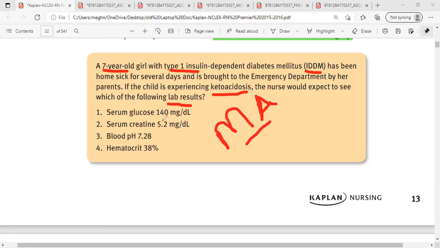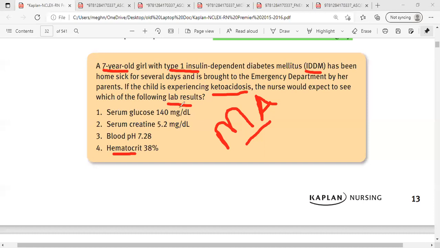So what about the insulin, blood sugar level? Serum blood glucose 140, or serum creatinine 5.2, serum blood pH is 7.28, and hematocrit 38%. So first of all, we are sure it is not an answer, because we are talking about the diabetics.